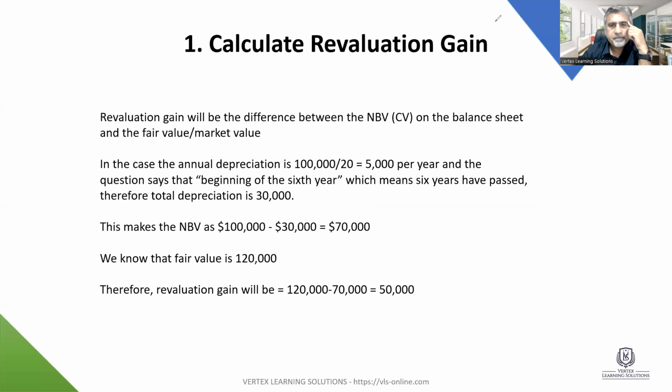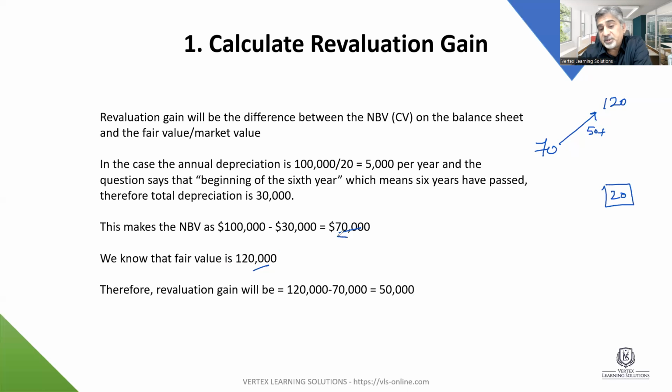If you come to me and you say that the asset was 70 in the balance sheet and now it has gone up to 120, asset has increased by 50,000, my comment here is that asset has not increased by 50,000. In my opinion, asset has only increased by 20,000.